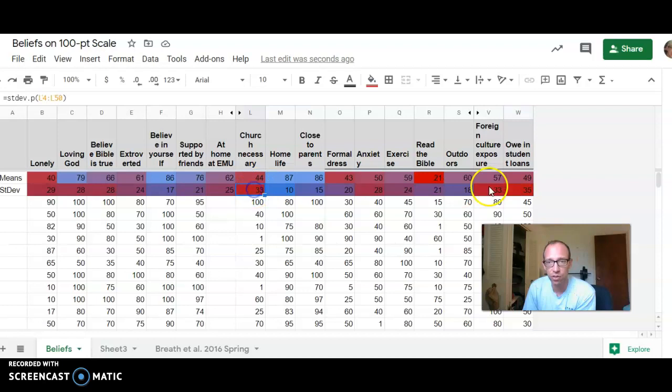The fact that these numbers are very high tells me that there's a wide range within our class, that this is a very controversial issue, whether or not church is necessary. The amount that students owe in loans is very different. There's some who don't owe very much at all, and some who owe a lot in the class. And the amount that they've seen foreign culture, maybe they've gone on cross-cultural trips, or haven't had those experiences. So the standard deviations here really do give me just as much valuable, different type of information as the means.